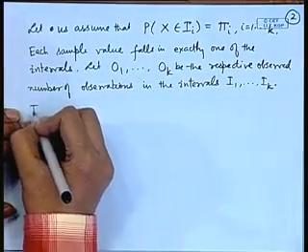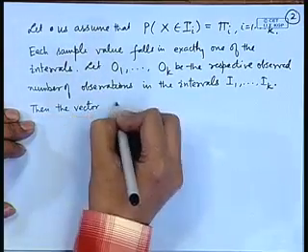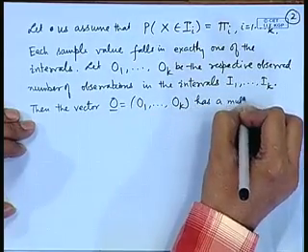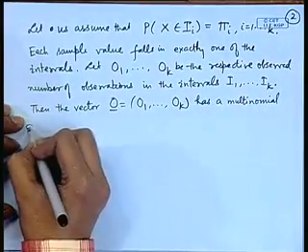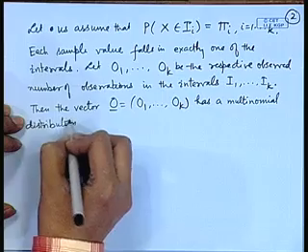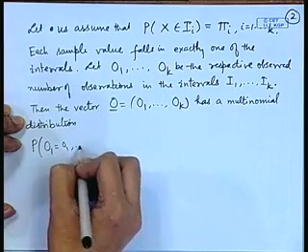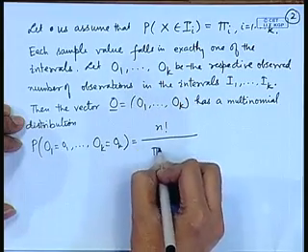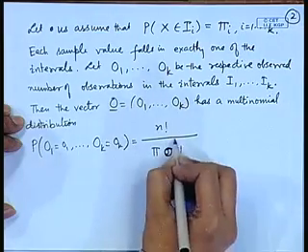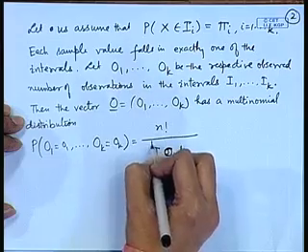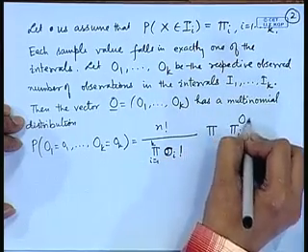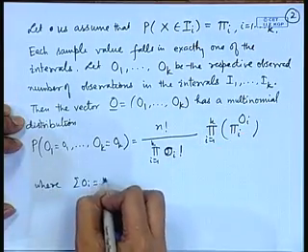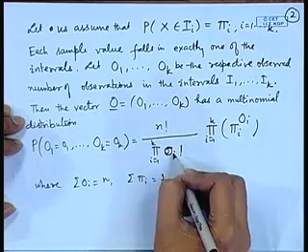So, we will write it in this form: the vector O, that is (O1, O2, ..., Ok), has a multinomial distribution with probability n factorial divided by the product of Oi factorial, times the product of pi_i to the power Oi, i equal to 1 to k, where sigma Oi is n and sigma pi_i is 1. That is, pi_i is the probability of the ith interval.